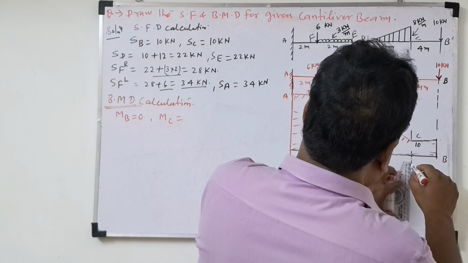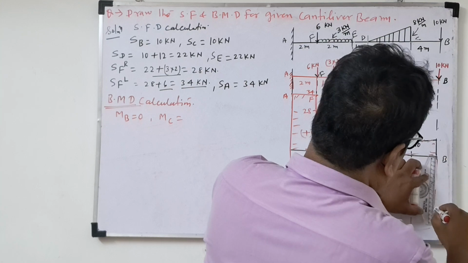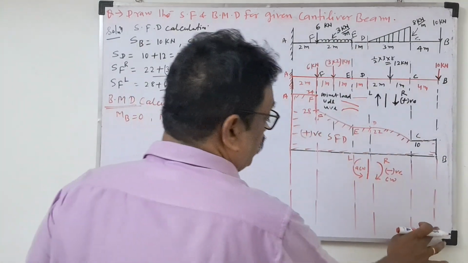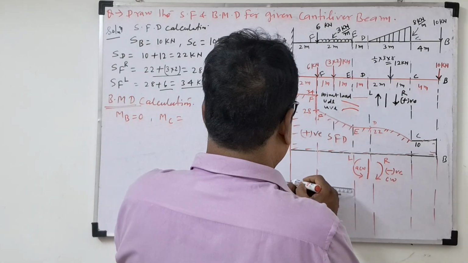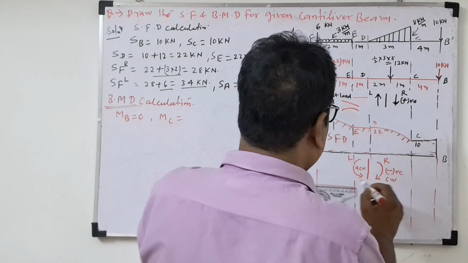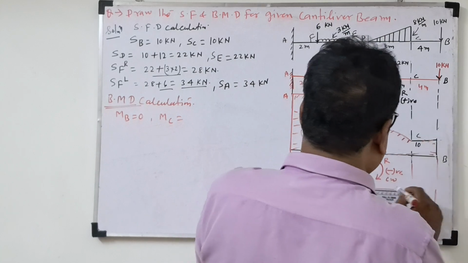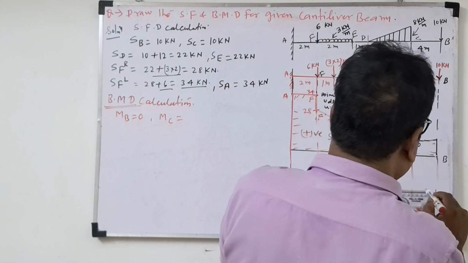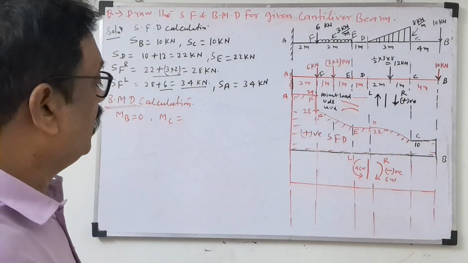Now here for the UVL, and this line will be there. Once you draw the 0 line, the bending moment 0 line, carefully keep the scale, and you can use a pencil or a different color for the bending moment diagram also.